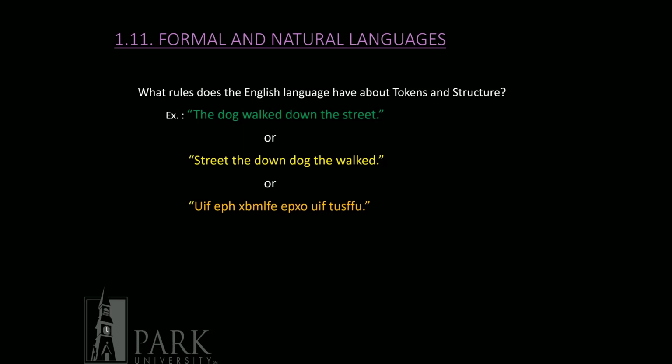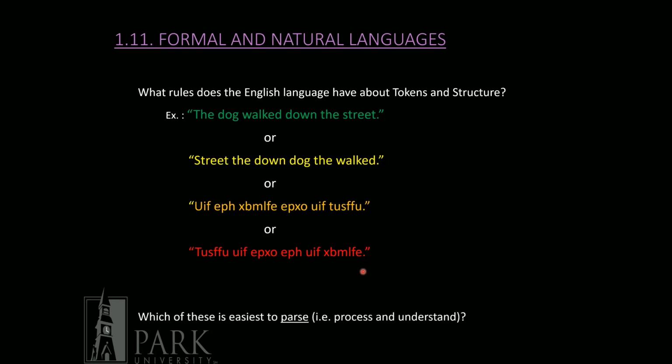Actually, if you're good at cryptography, you'll notice that all I did was shift all the letters one letter to the right. So T became U, H became I, E became F, and so on and so forth, right? But just that one letter shift makes this sentence unreadable. Or here's the same thing: "street the dog, down the walked," shifted one letter. You can't read it. It's nonsense, right?